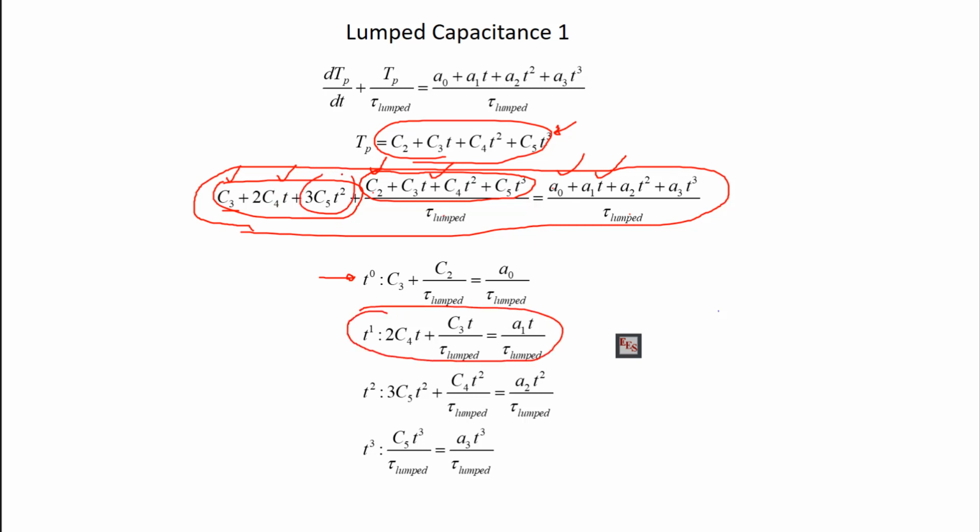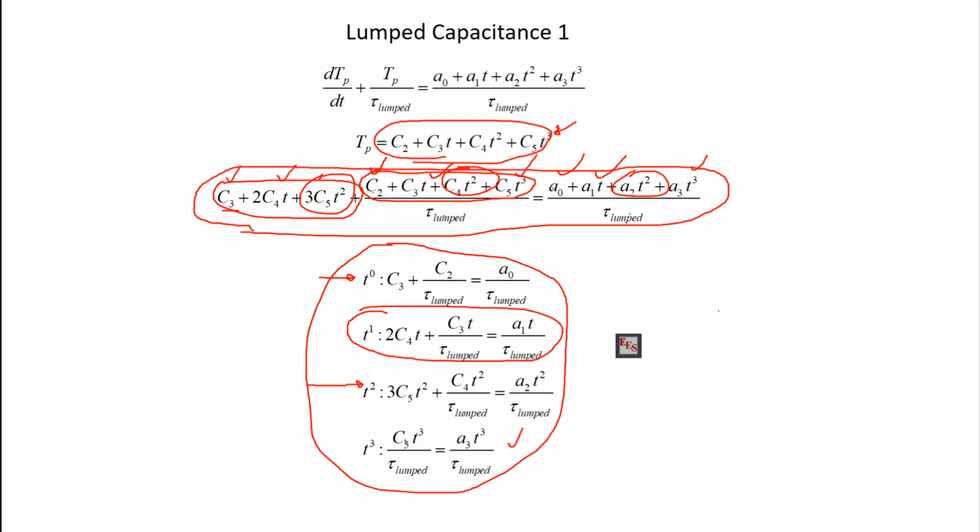All of the squared terms, they have to take care of themselves. So that's what gives me that equation. And finally, the cubed terms, which is this guy and this guy, they give me that equation. So what you should end up with, if you've done it right, is, in this case, 4 equations in my 4 undetermined coefficients, right? So I can solve these. They're actually not that hard to solve.